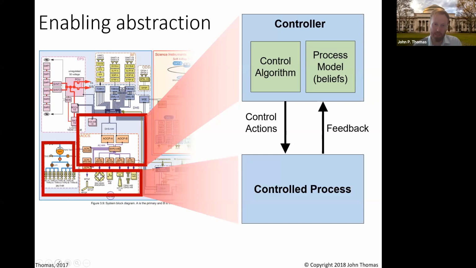Doesn't matter what's inside your controller. Could be a human, could be a piece of digital hardware, it could be software, it could be AI, but it's going to have a set of beliefs. We know this from control theory, and this is a very powerful idea. These beliefs are formed based on feedback. These are beliefs about the outside world, and they're central to how controllers make decisions.